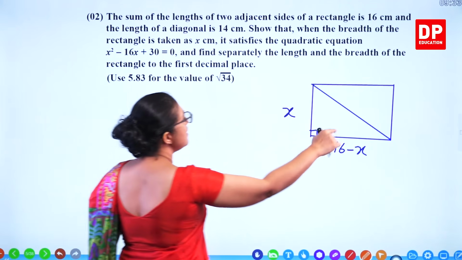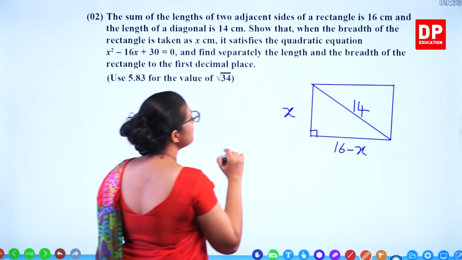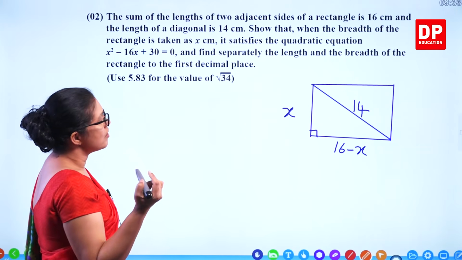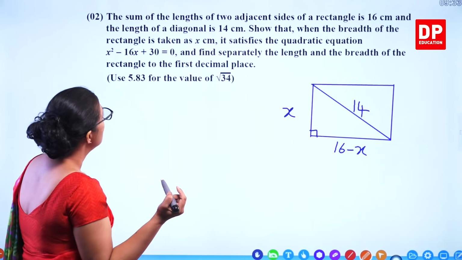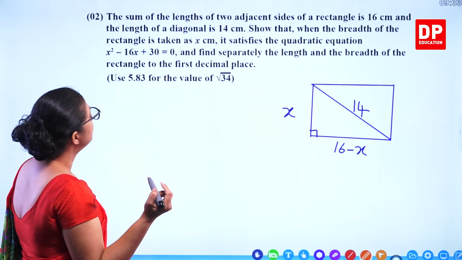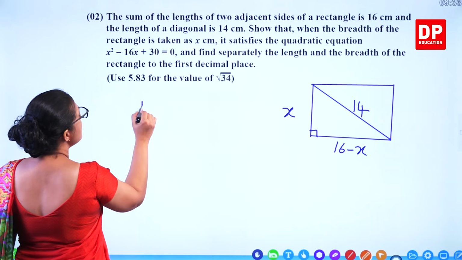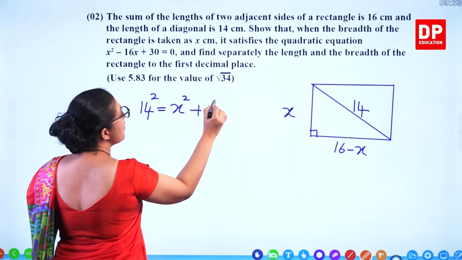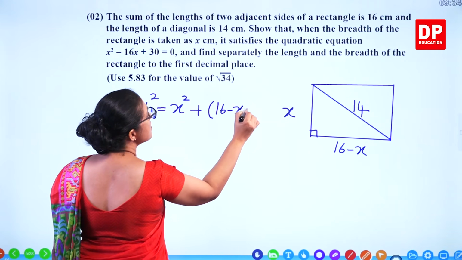And the diagonal is 14. You can use Pythagoras theorem because this is 90 degrees. So apply Pythagoras theorem: 14 squared is equal to x squared plus (16 minus x) whole squared.